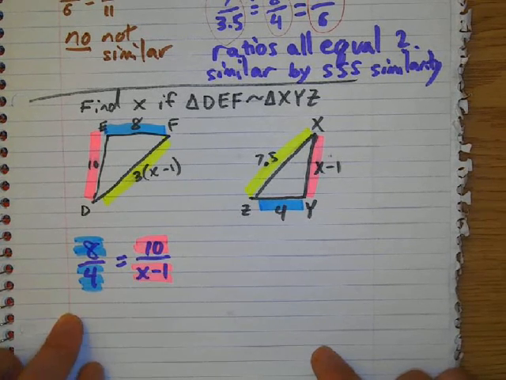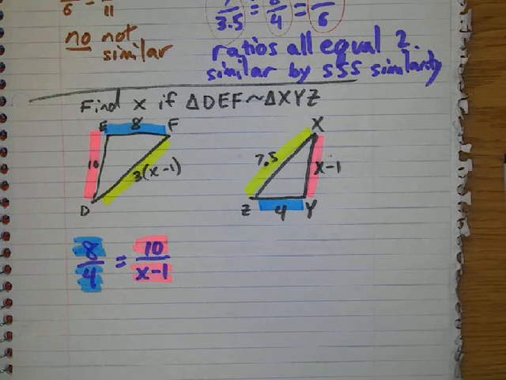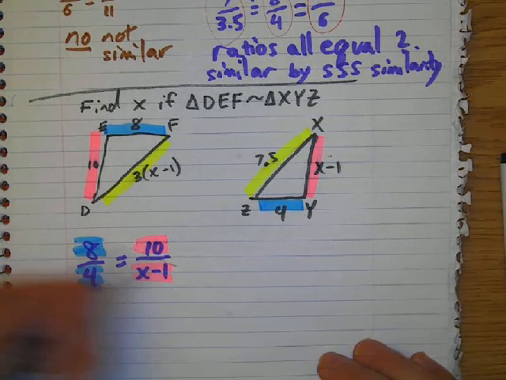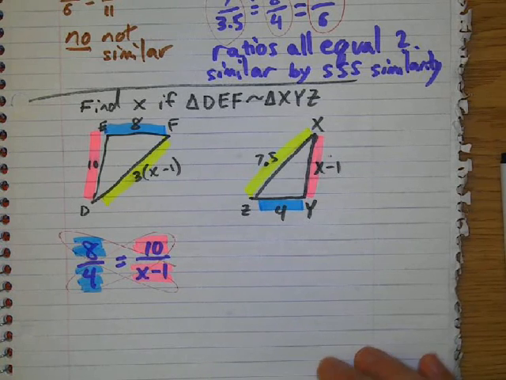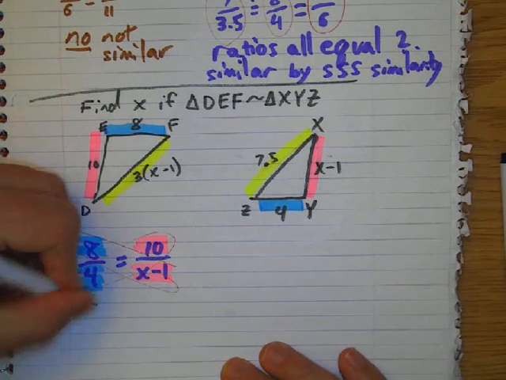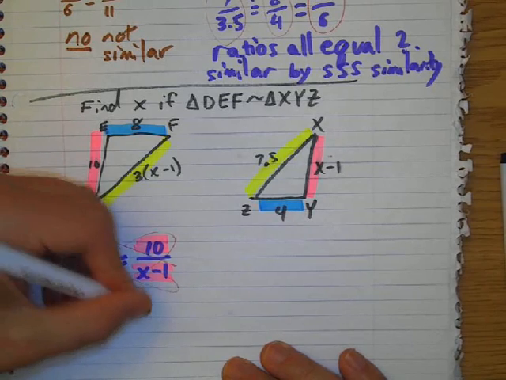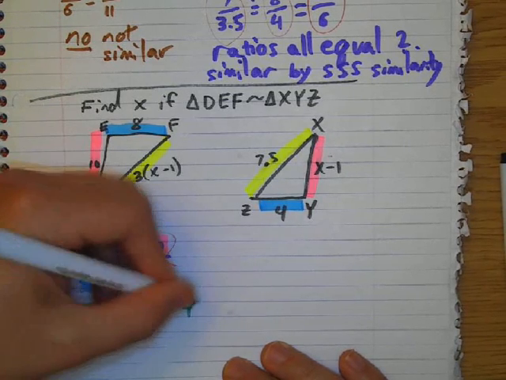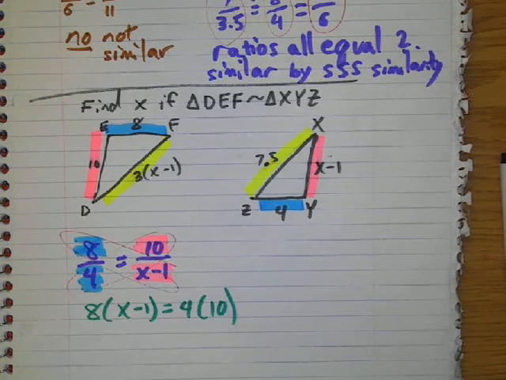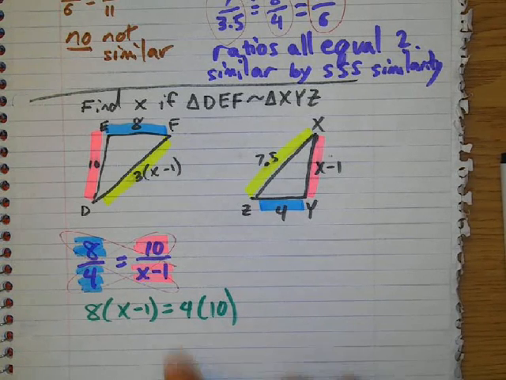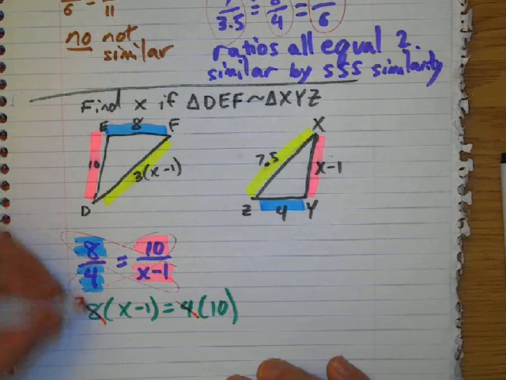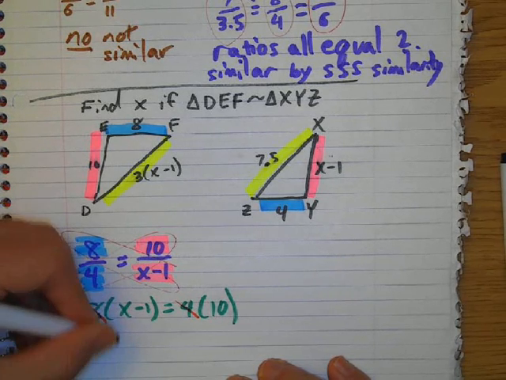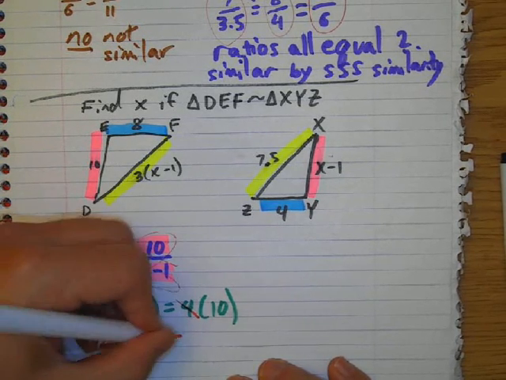Okay, so I could cross multiply here, and we end up with 8 times x minus 1 equals 4 times 10. And you should be able to notice right away that 4 goes into 8 2 times. So then I have 2 times x minus 1 equals 10.